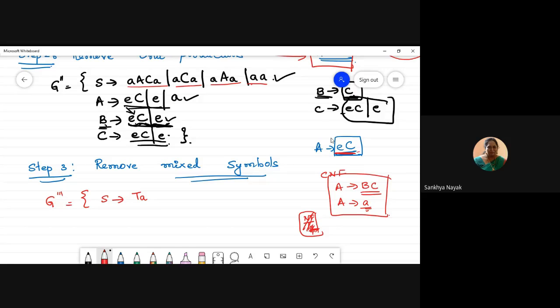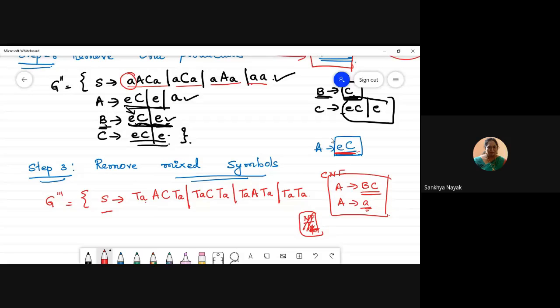So in place of A, I'll write T_A. Then A, C, in place of A, I have written T_A. T_A, C, T_A. Everywhere A is there, I'm going to replace it with T_A.